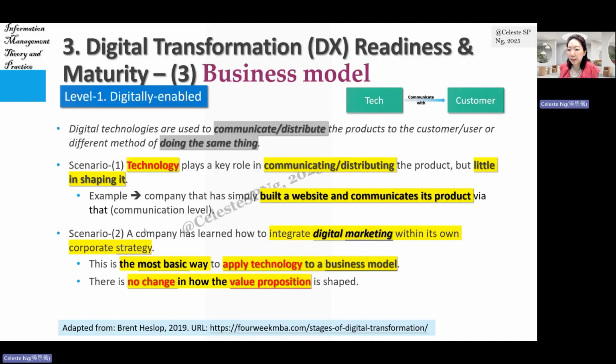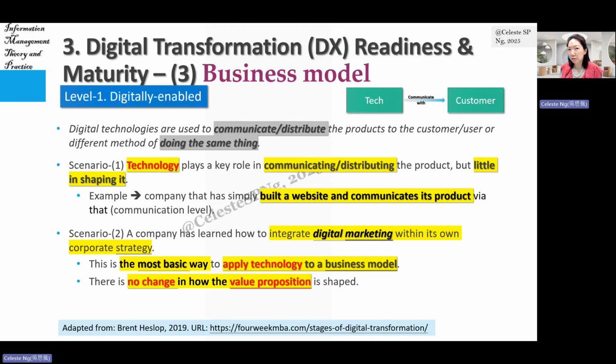Under the second scenario, for example, instead of doing traditional marketing, companies are adopting digital marketing methods to deliver their marketing. It is the most basic way of how technology is being adopted by organizations.